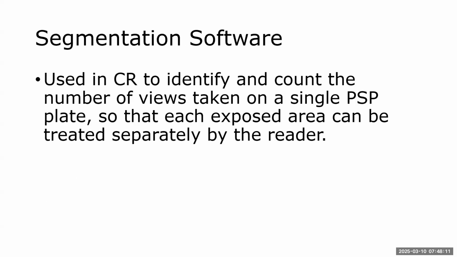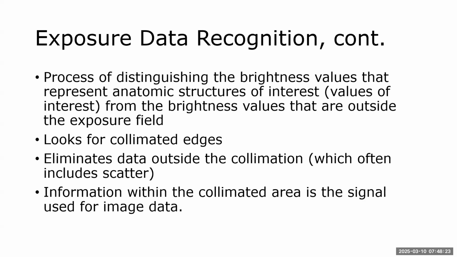So there were rules for that, and you had to do that properly. I believe I have that in here towards the end, where it was looking for collimated edges. When I say it, I'm talking about when it's going into the processor and it's being sampled.